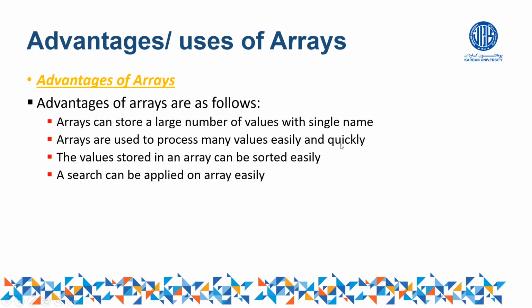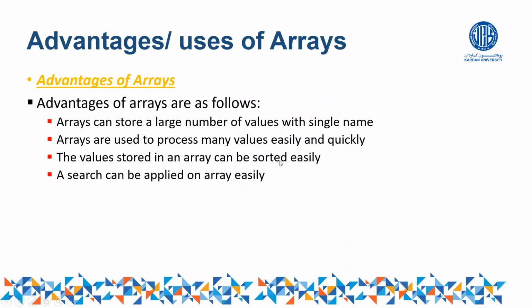So arrays are used to process values very fast, because we will use only a single variable name instead of 100 separate variables, or 1000 separate variables if we are going to store a record. The values stored in an array can be sorted easily.